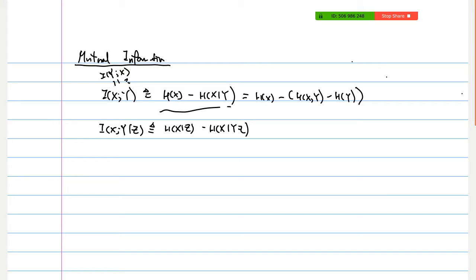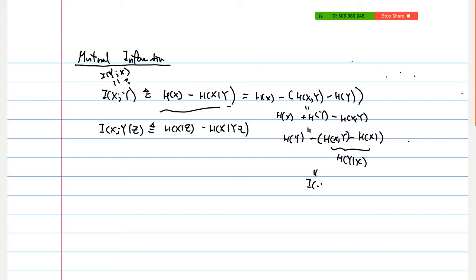So then you can readily see it's symmetric. Then you have H(X) plus H(Y) minus H(X,Y). And of course I can do the same thing going back, and then this is equal to H(Y) minus H(X,Y) minus H(X), and this is just H(Y given X). So from the definition, this is I(Y;X). Therefore I(X;Y) is just equal to I(Y;X). So this one is symmetric.